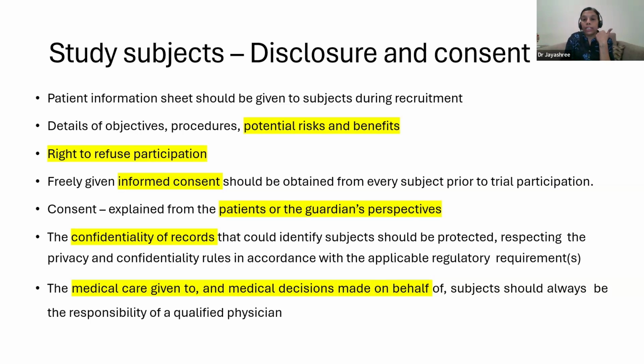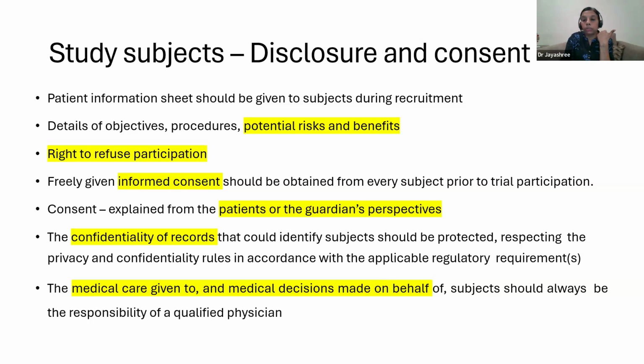The patient has a right to refuse participation. After reading the information sheet, the parents have the right to refuse participation of their child. The informed consent should be freely given without any coercion and should be obtained from every subject prior to trial participation. And the consent has to be explained to the patients or the guardians from their perspective. The confidentiality of the record should be maintained.